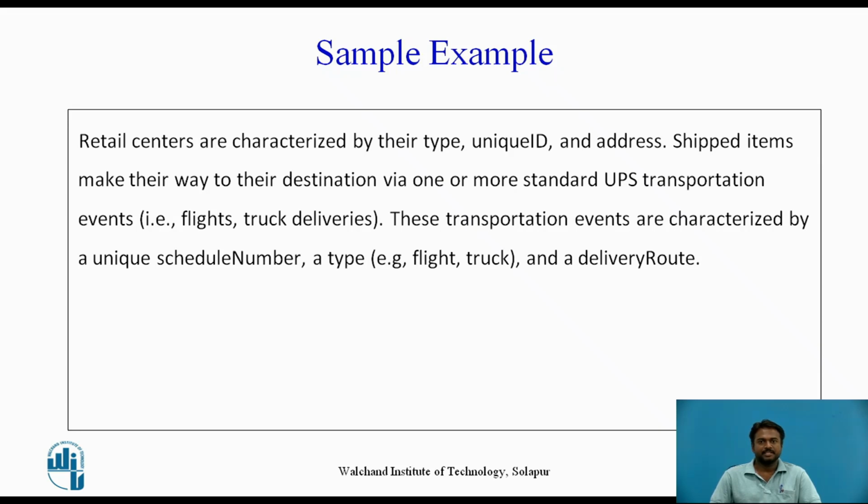Shipped items make their way to their destination via one or more standard UPS transportation events, that is, flights, truck deliveries, etc. These transportation events are characterized by a unique schedule number, a type, example, flight, truck, van, etc., and a delivery route. Now, let us find out the entity and attributes in this problem statement.